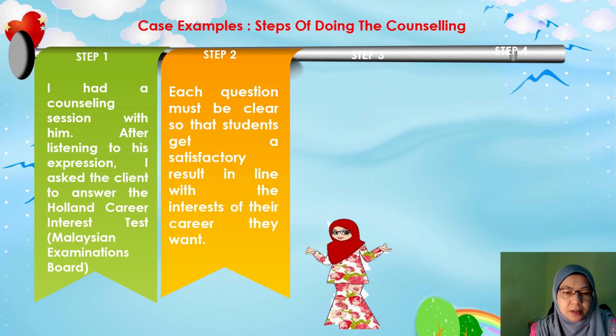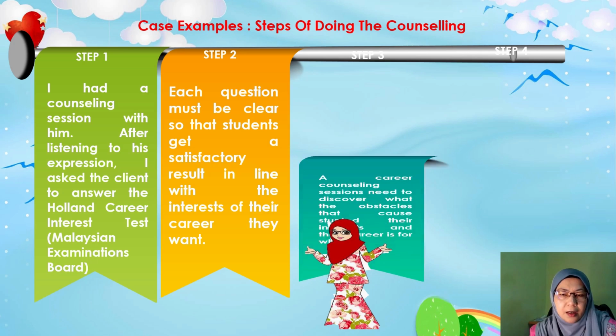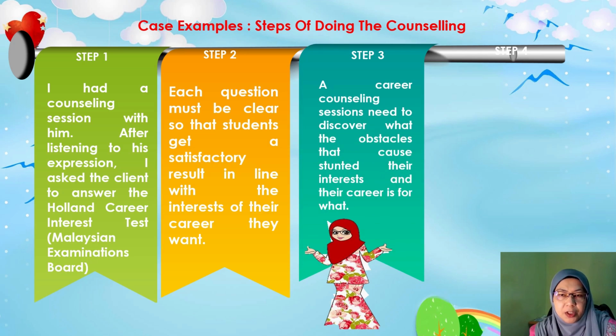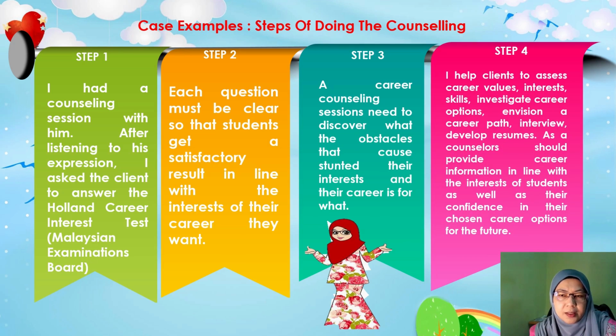Step 2, each question must be clear so that students get satisfactory results in line with the interest of the career they want. Step 3, a career counseling session needs to discover what the obstacle is that affects their interest and their career.